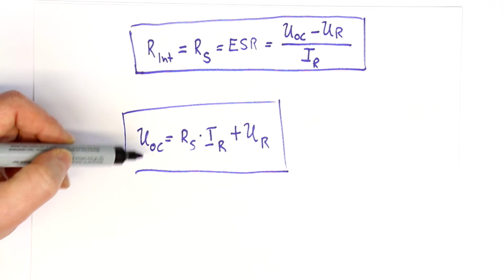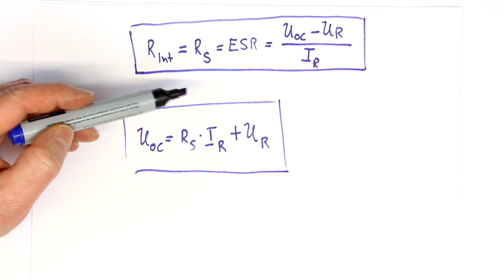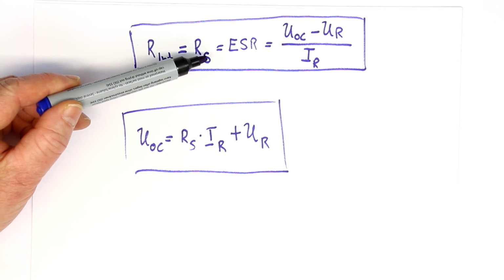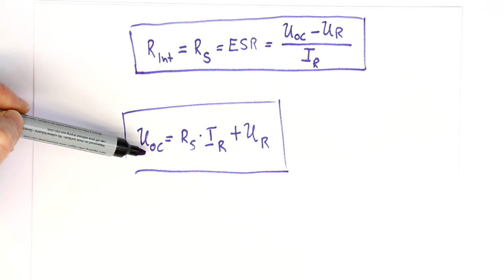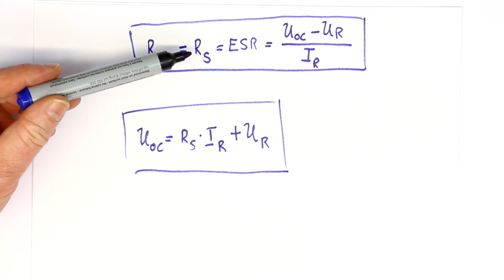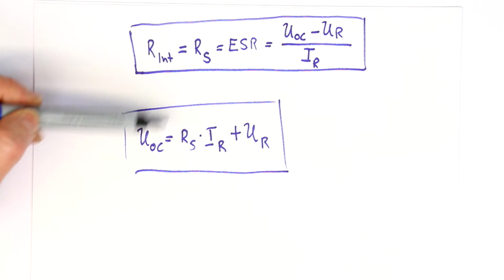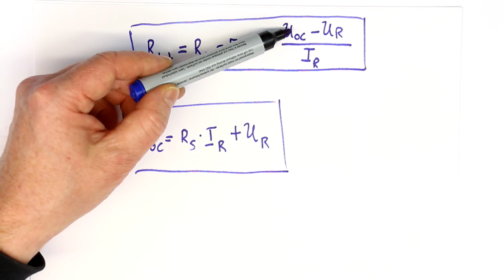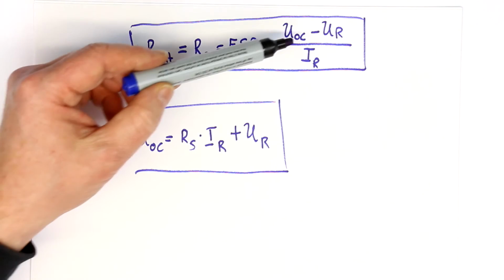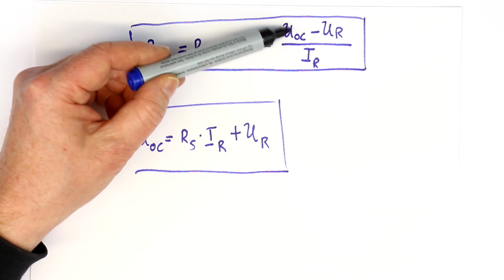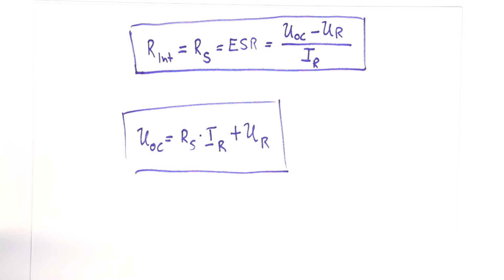And here we have the final two formulas to calculate the series resistance or to calculate the open circuit voltage, depending on whether you have an LCR meter present or at least one or two of the measured values. For example, here you would have to measure the open circuit voltage. So that was it for a short introduction about the engineering math that you need when using power transformers.